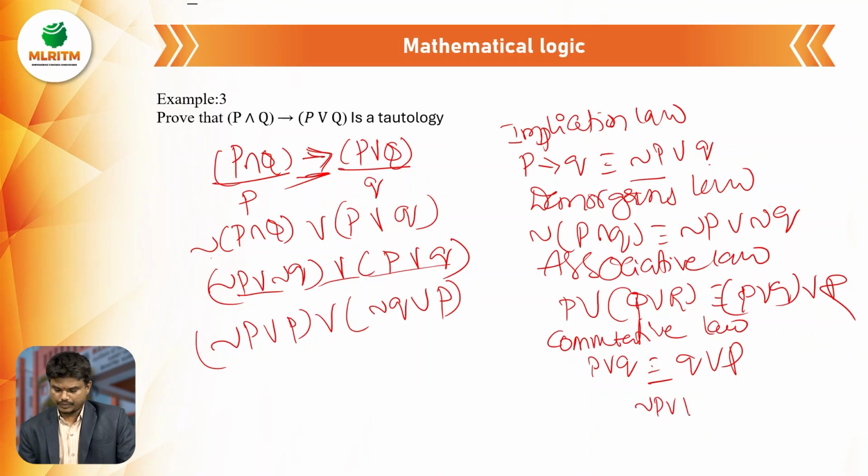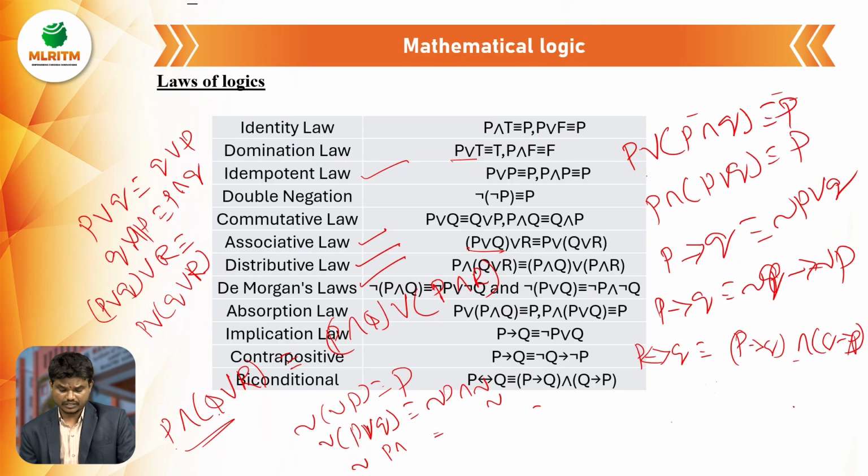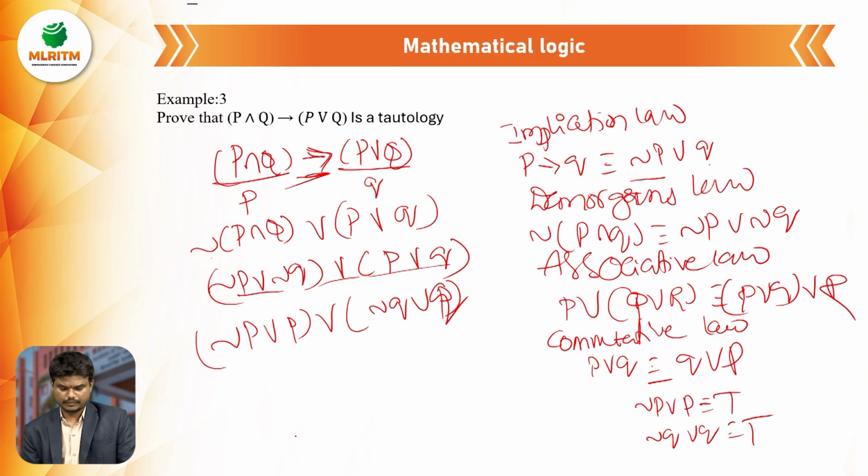¬P ∨ P is equivalent to true. ¬Q ∨ Q is equivalent to true. So what is the law? It is the negation law.